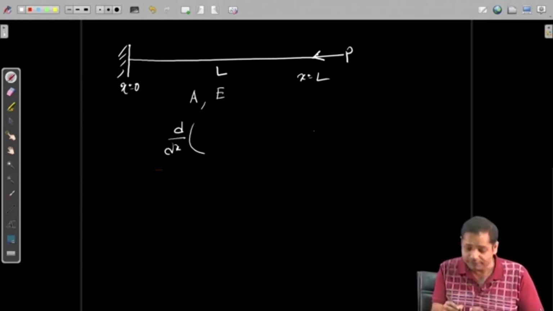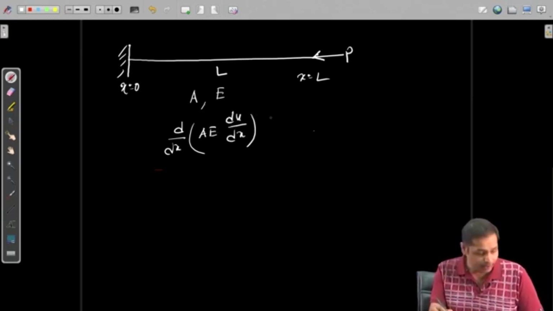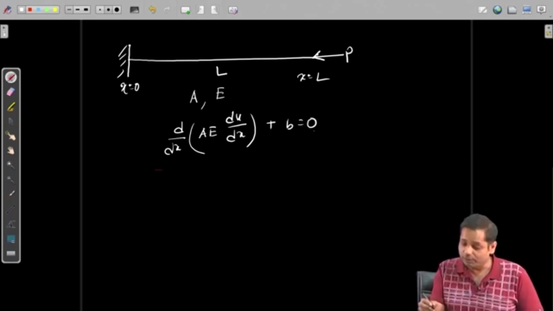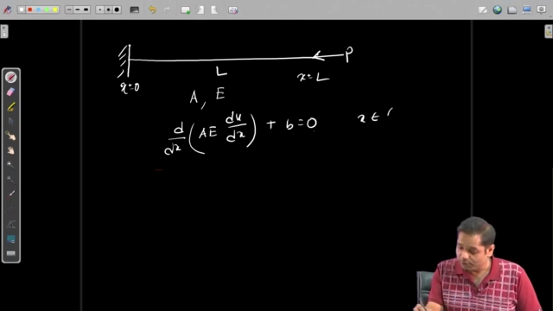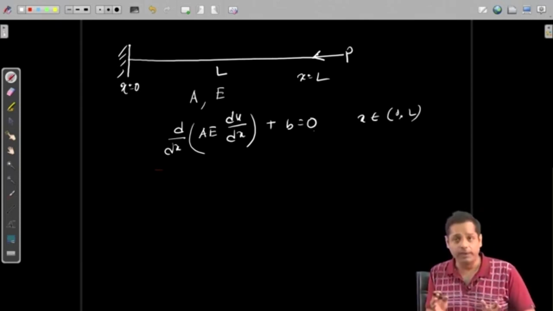We are not going to derive this equation here. Here x belongs to 0 to L, so x varies between 0 and L.